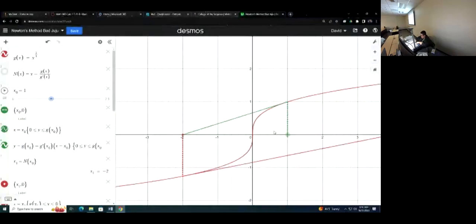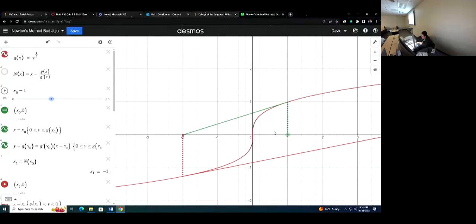I recommend start with x equals 1. And maybe go to 2 decimal places. So that when x sub n plus 1 equals x sub n to 2 decimal places, you're good to go.